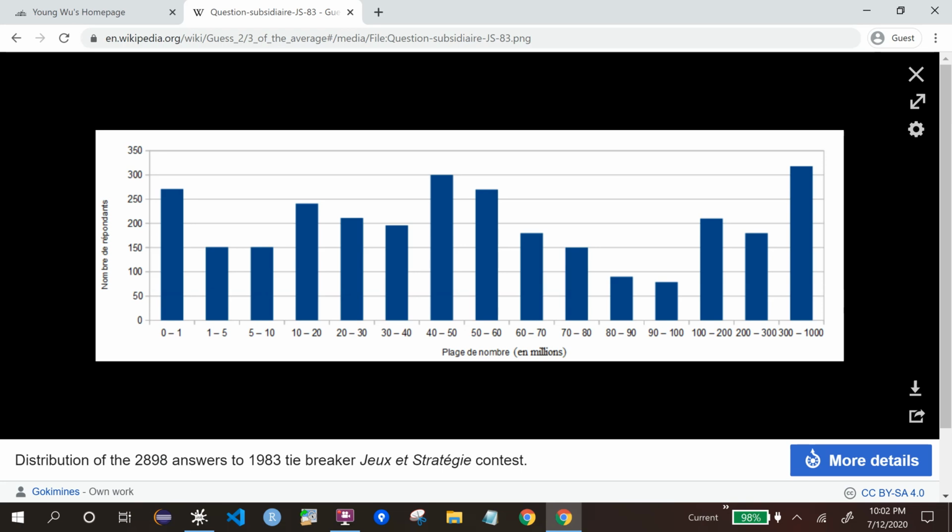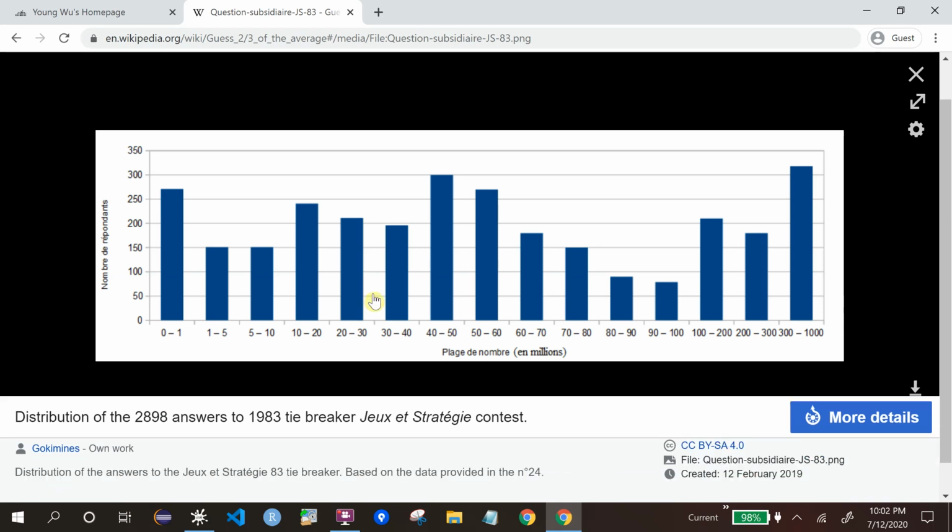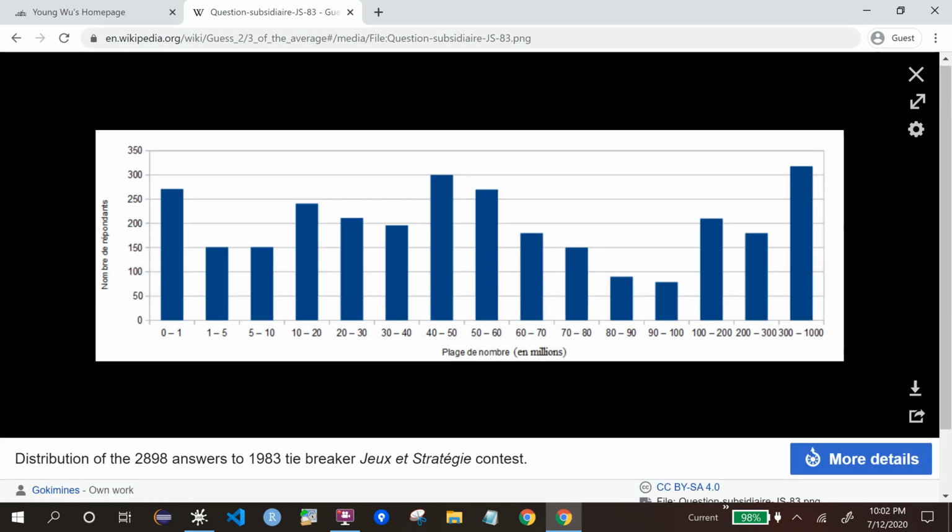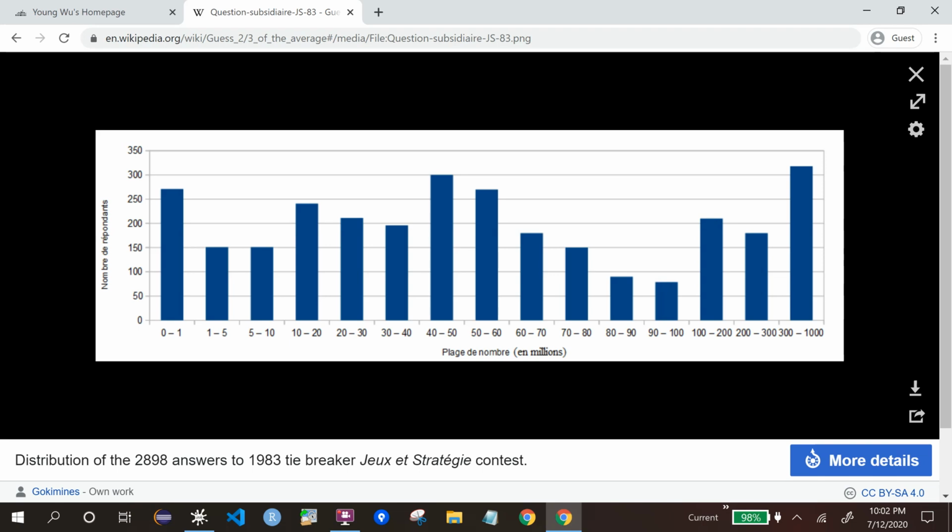So if I'm assuming I'm rational, but everyone else is irrational and just picking a random number, then the average is around 50, and 2/3 of 50 is something between 10 and 20. So I guess many of these people are assuming that. They're assuming other people are picking randomly, and I'm just being rational.